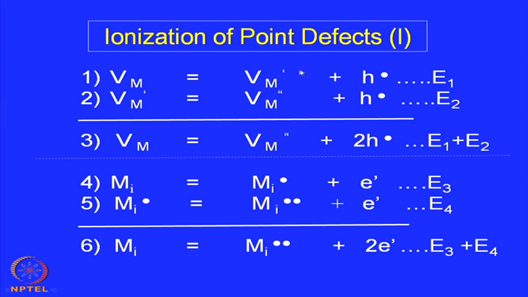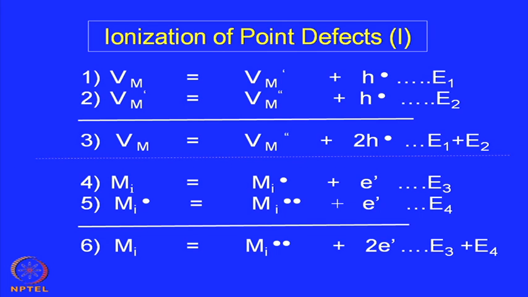Initially M at the M site will change over to M prime, this belongs to the lower one, and an h dot is created, and in this ionization some ionization energy is involved, it may be E1. So, instead of getting ionized simultaneously, it can go step by step, one after the other.